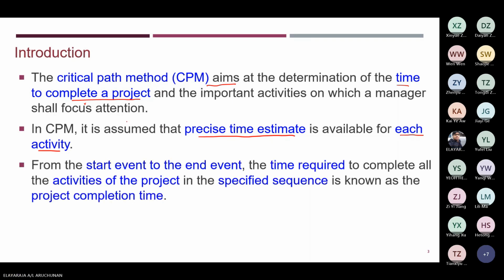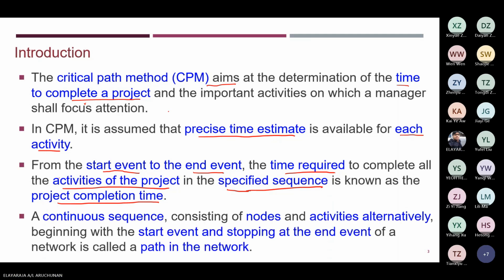From the start event to the end event, the time required to complete all the activities of the project in the specified sequence is known as the project completion time. This is the definition of project completion time. It has to follow the specified sequence, based on the allocated time for each particular activity in the entire project.